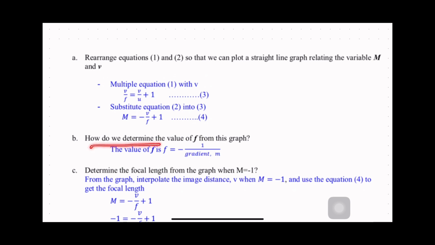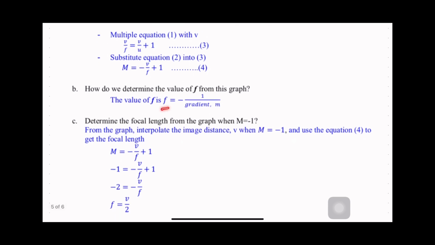Okay, how do we determine the value of F from this graph? The value of F is negative 1 over gradient. Okay, sebab graf kita graf negatif kan, so you punya gradient you akan dapat negatif. So negatif dengan negatif dia akan hilang, jadi focal length you akan dapat nilai yang positif lah.